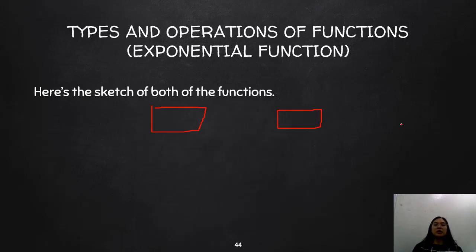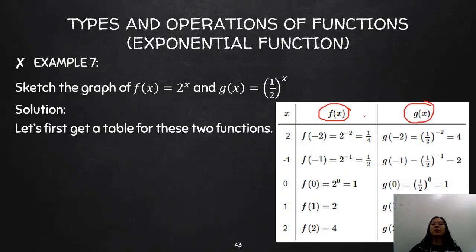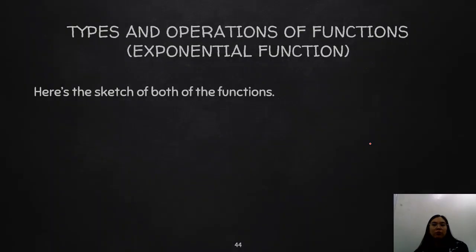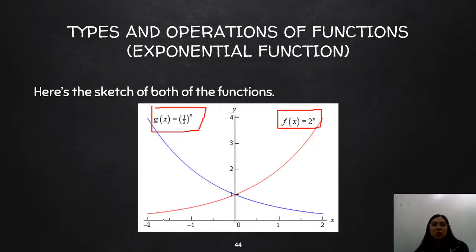So, di ba, gaya ng ginawa natin kanina, we tried then to place these particular values of your x, and then we tried solving for the function para ma-graph natin siya. So, for example, at x is equal to -2, the value of y is 1/4. So, kung titingnan nyo dito, at x is equal to -2, the value of y is 1/4.